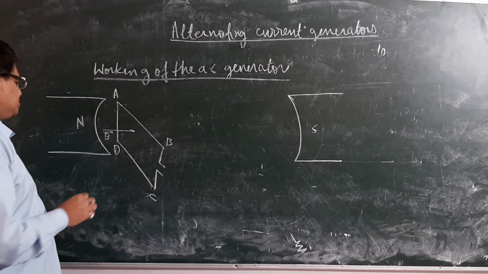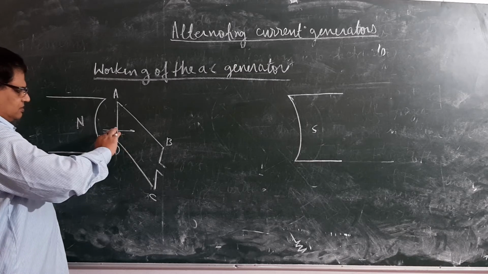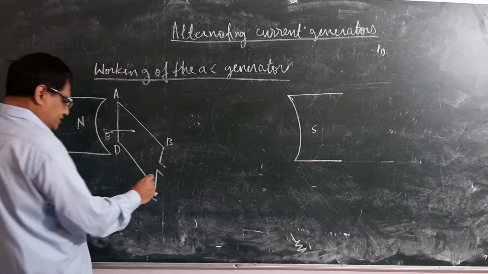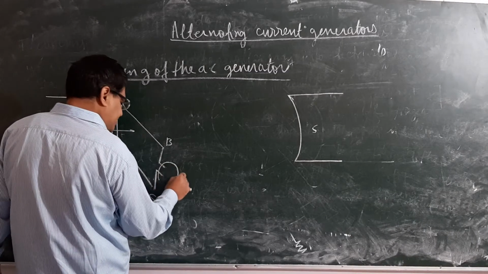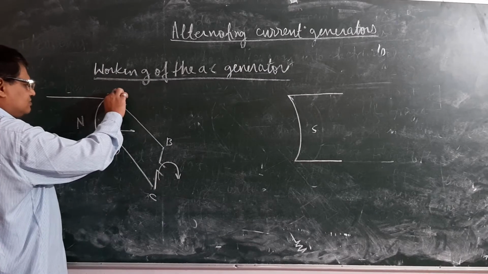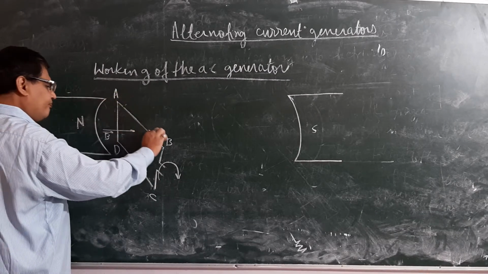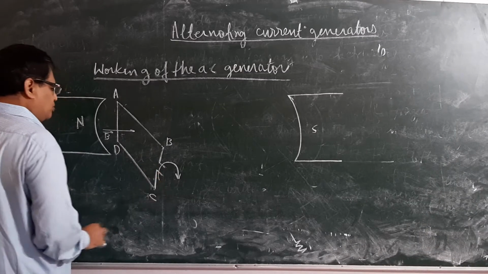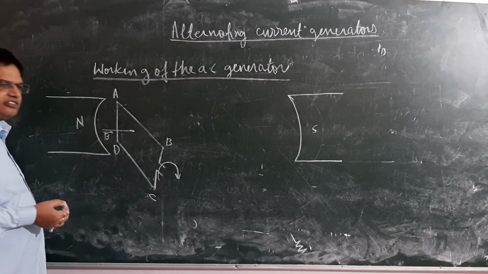Now, initially, if this armature is in vertical position and suppose it is made to rotate in the clockwise direction like this, in that case, this part and this part, that is AB and CD, both will move parallel to the magnetic lines of force.